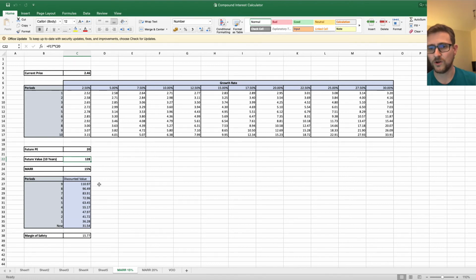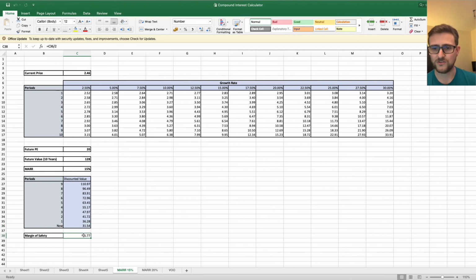Now we take the 128 and divide it back by the 15%, our minimum acceptable rate of return. As we go down each year, we come all the way back down to, as we have in the calculator, 31.54, rounded up to 32.